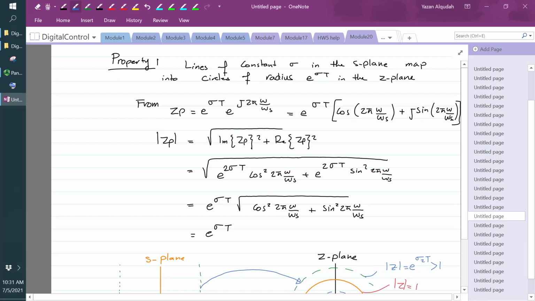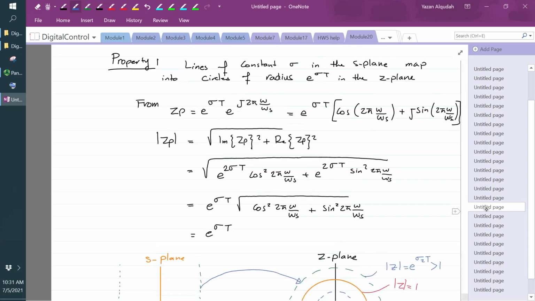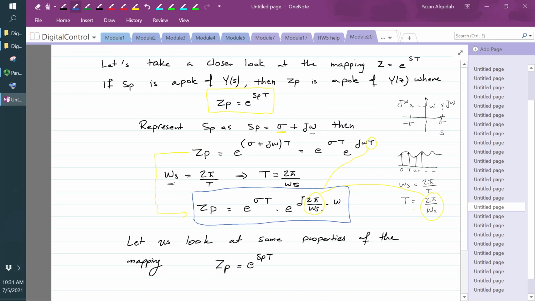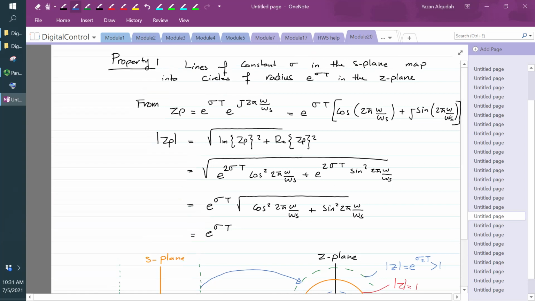What does that mean? Well, we have z_p equal to e^(sigma·T) e^(j 2 pi omega/omega_s). I can write this in terms of cosine and sine, since e^(jx) is equal to cosine x plus j sine x.